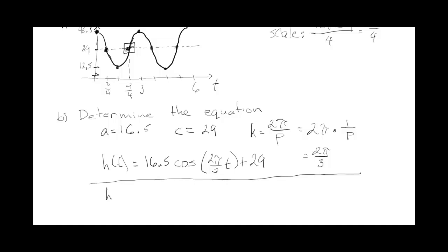So if you want to use a sine function, you have the same amplitude, sine, same k value, 2 pi by 3. Here we need another bracket, t, and then it would be minus 9 over 4, and then the same c value. So that would be the sine function, and these two equations represent the same graph, the one we have up here.